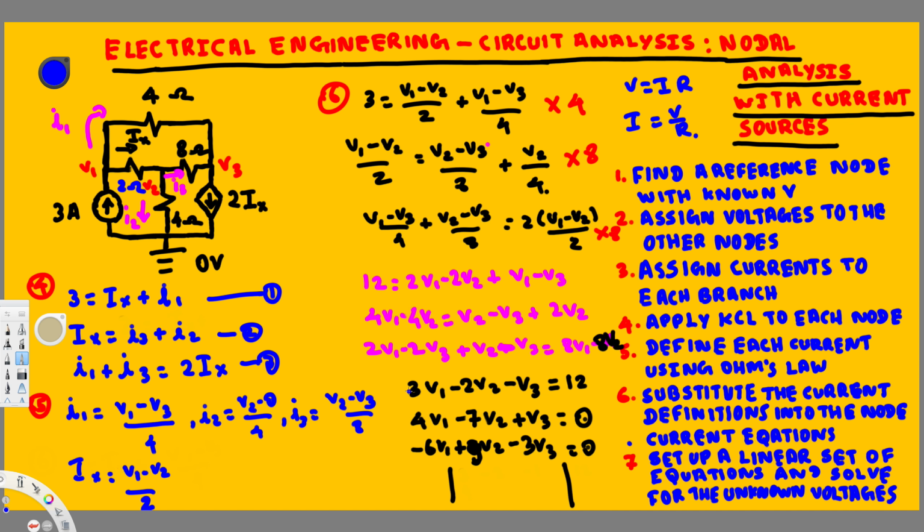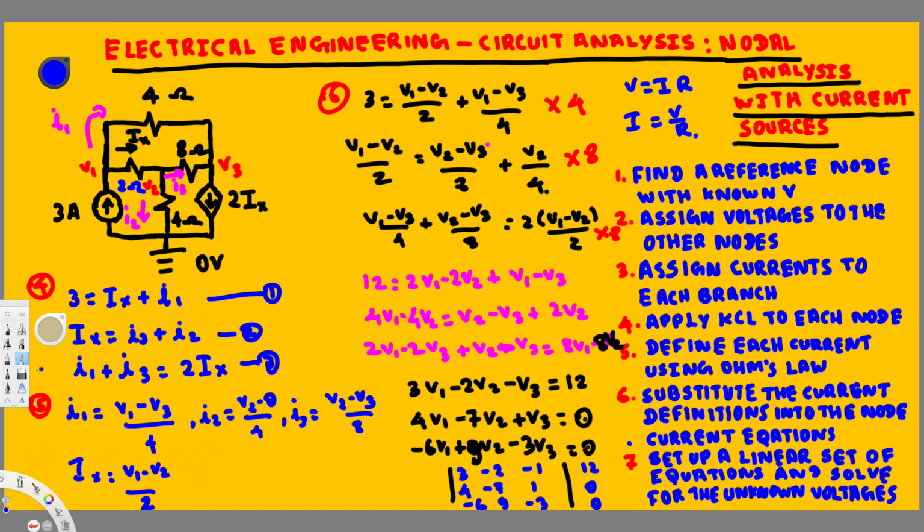So I just take these coefficients: 3, minus 2, minus 1, 12, and then 4, minus 7, 1, 0, and minus 6, 9, minus 3, 0. So this is going to be our matrix form of these equations.